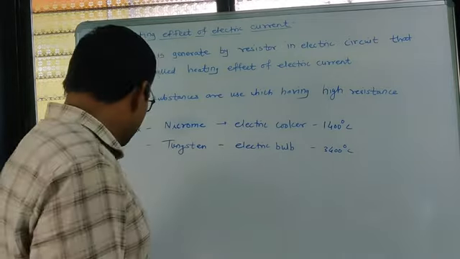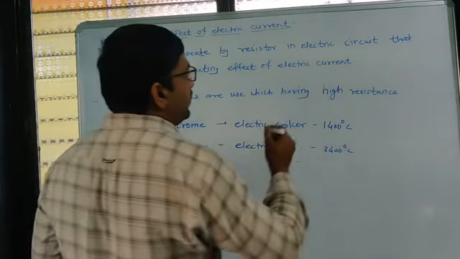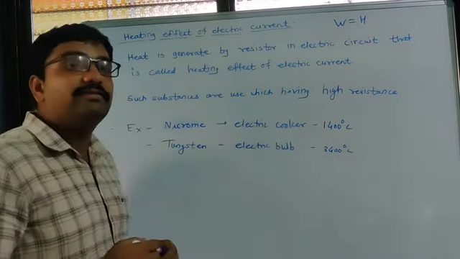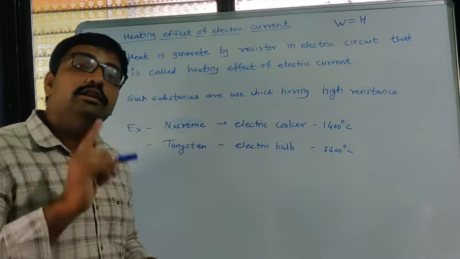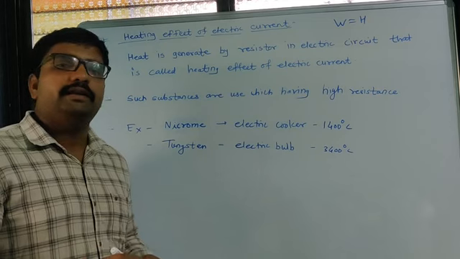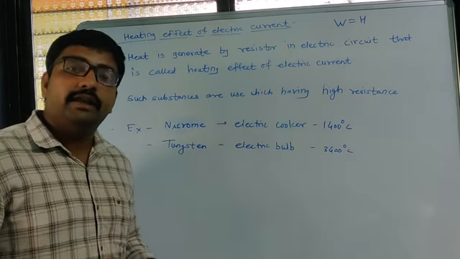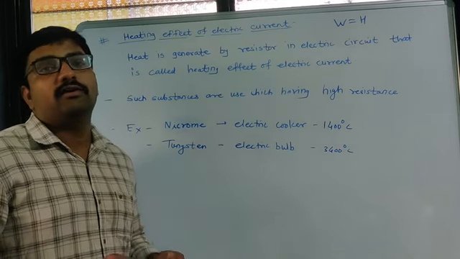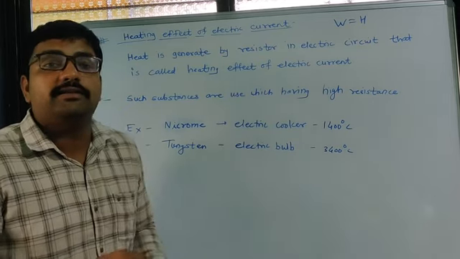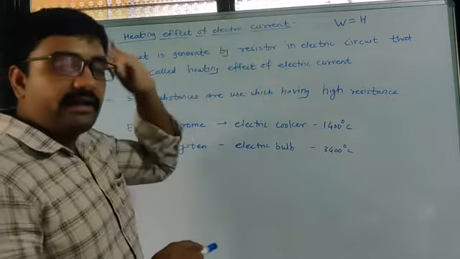We already saw that W is equal to H, and H is equal to I square R T, in Joule's law of heating. So if you connect a resistor in an electric circuit, heat is produced in the circuit. That is simply called the heating effect of electric current.